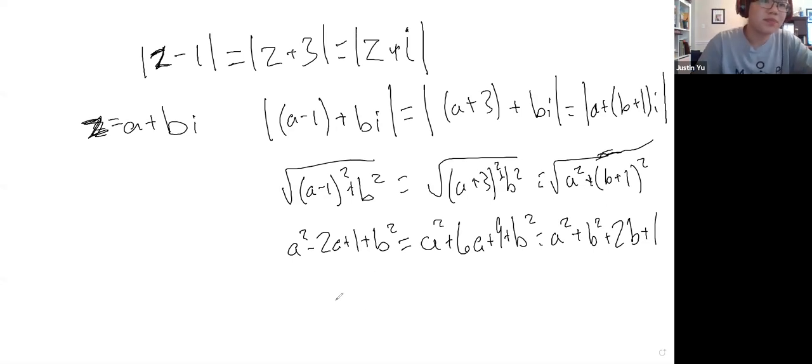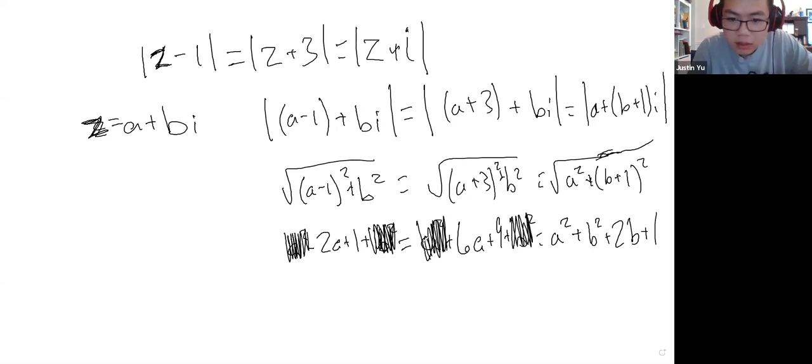All right, so I like the idea that we can get rid of the a squared plus b squareds from everything. All right, a squared. And keep in mind, this is a negative 2a.